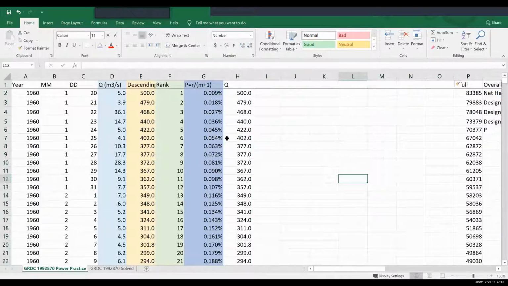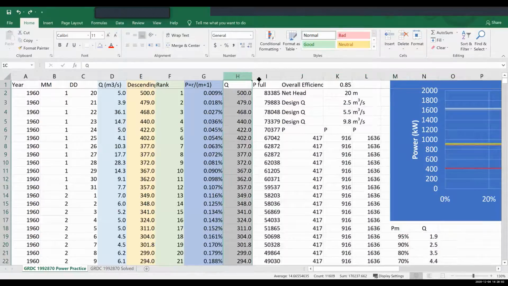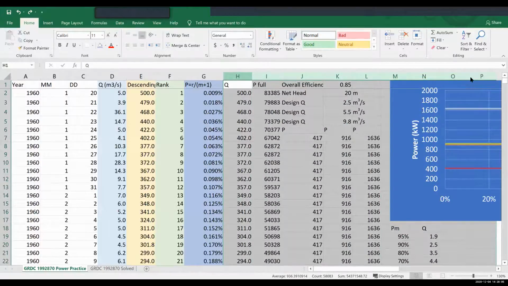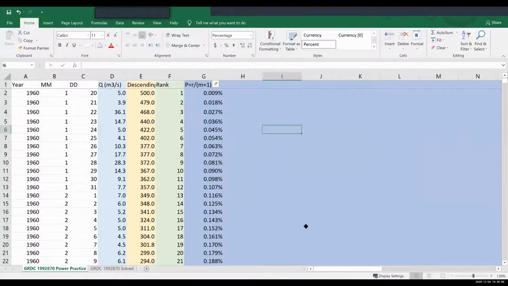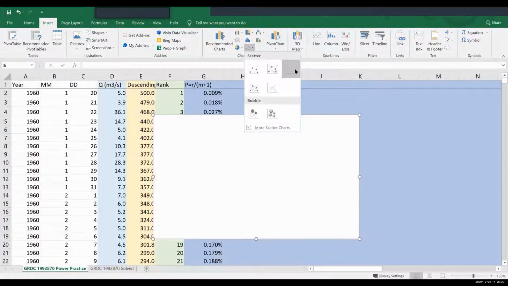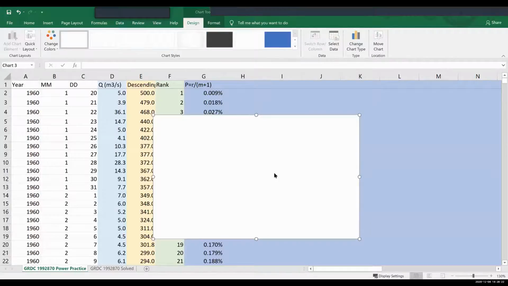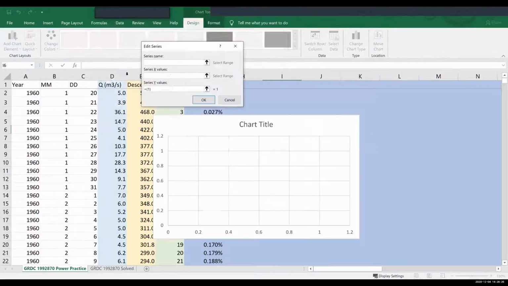So now, if I want to draw a flow duration, what I do here is I go to this chart and use this formula, and I use select data, add data.